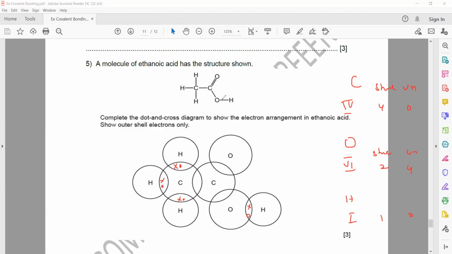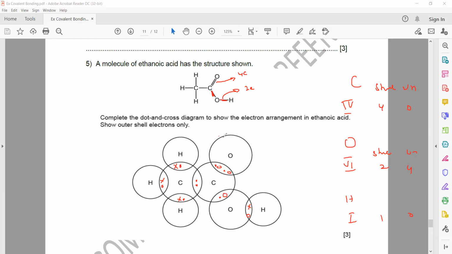It's easy to understand: a single line means there should be 2 electrons here. A double line means there should be 4 electrons. So between the 2 carbons, there's a single line, so there should be 2 electrons, 1 from each. Then 2 lines are there, meaning 4 electrons, so 2 from carbon and 2 from oxygen. And there is a single line between carbon and oxygen, so there should be a pair of electrons between them.